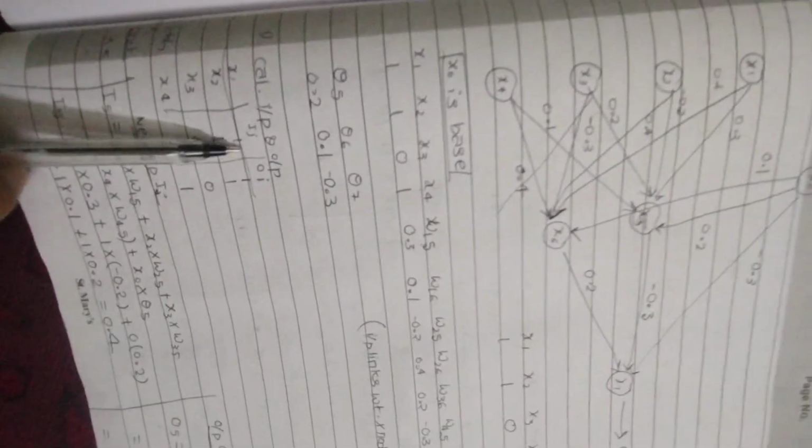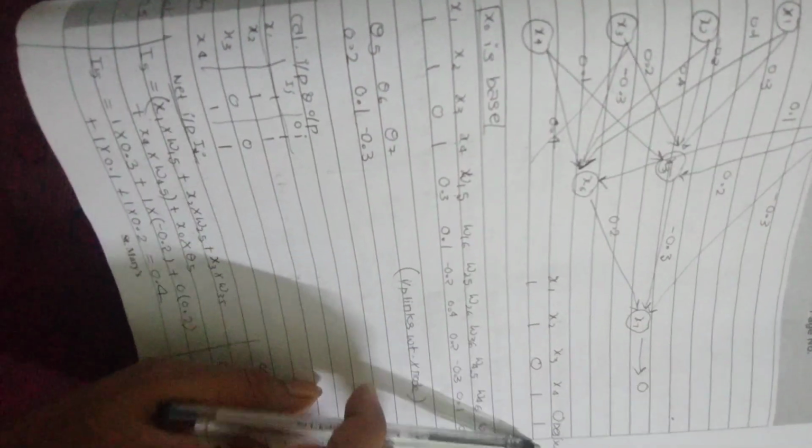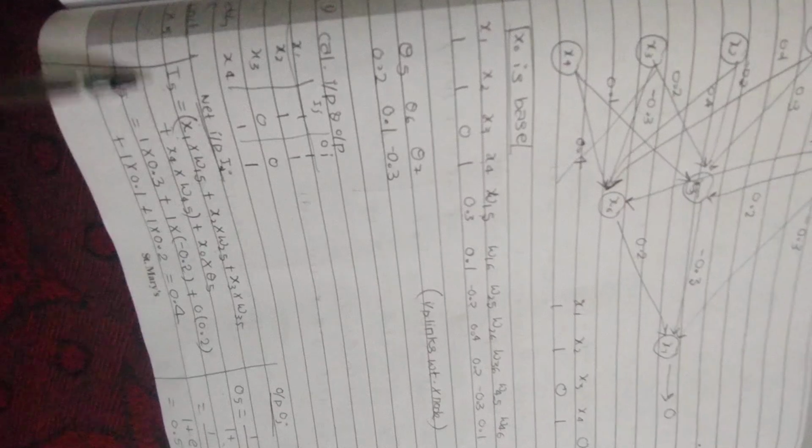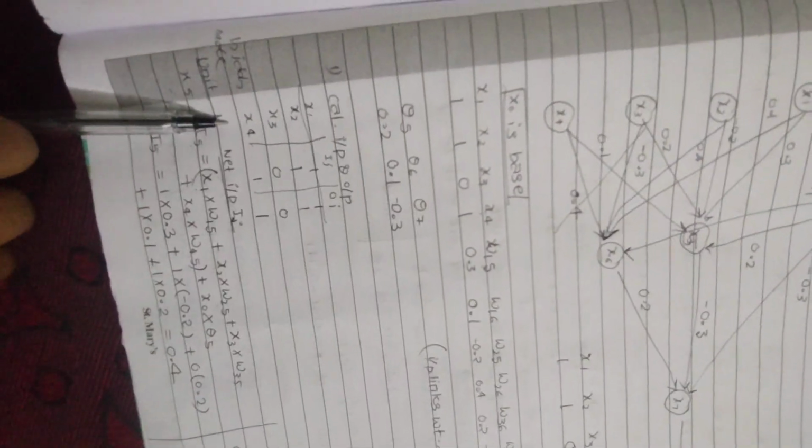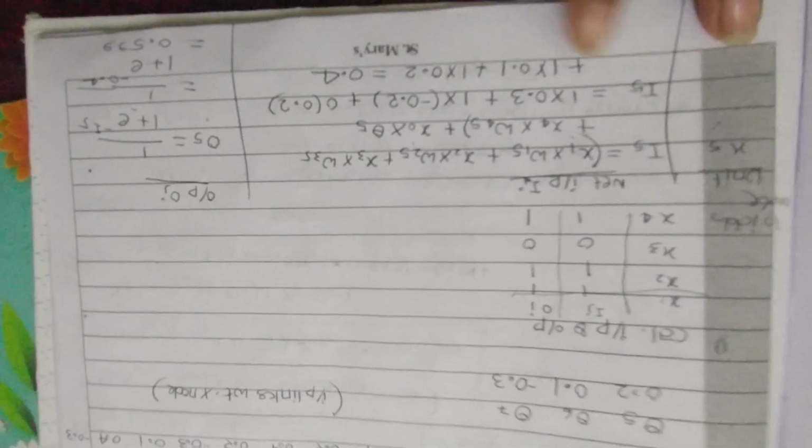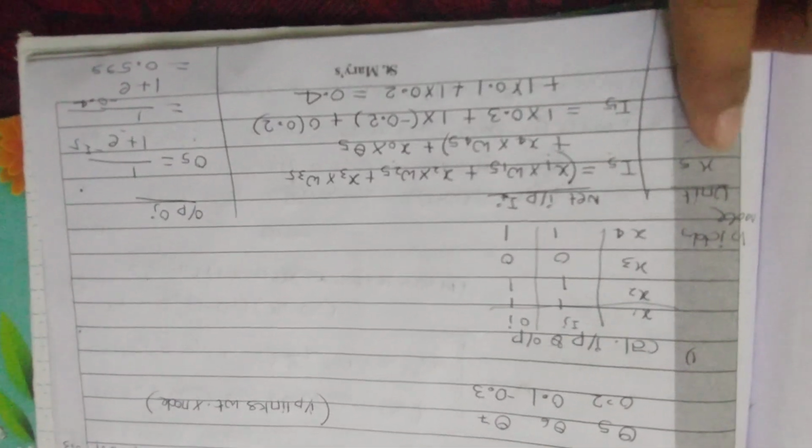Now calculate the input and output. As given here, 1101 are the inputs and outputs. Now for the hidden layer we have to find the unit, which here is x5.